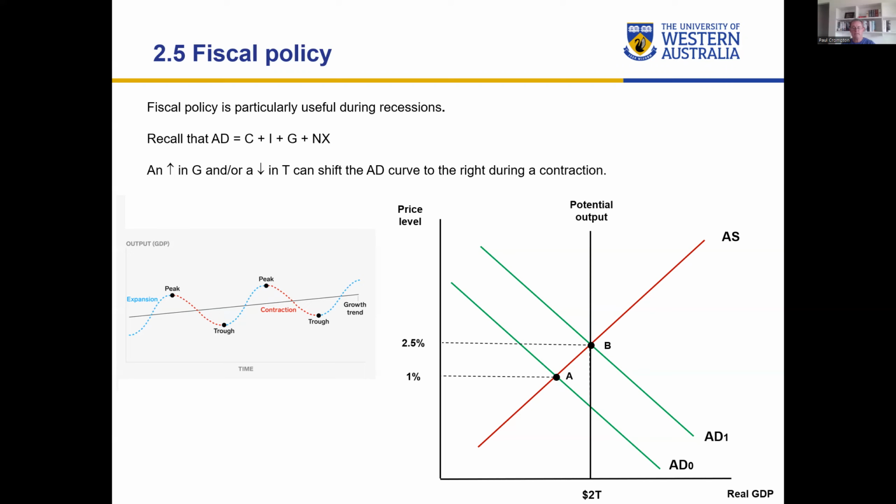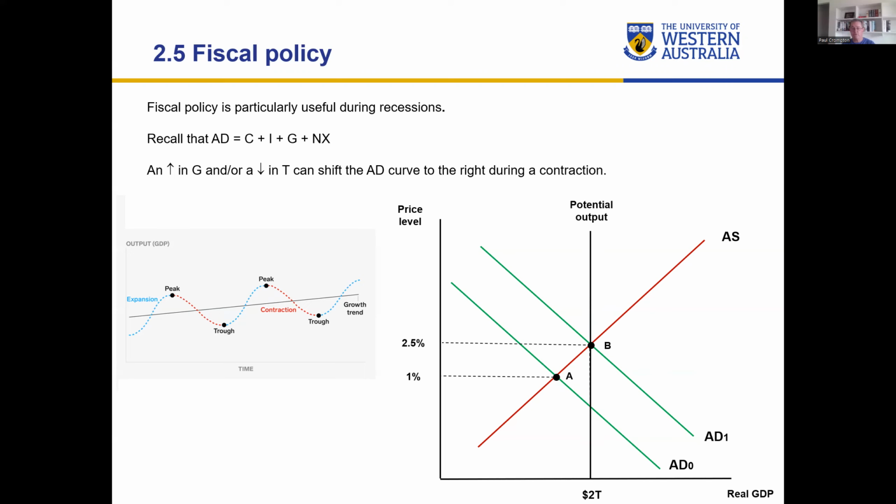So with the aggregate supply curve, the government doesn't have a policy to shift that, but it does have three policies to shift the aggregate demand curve left or right: monetary policy, fiscal policy, and QE. Now, more correctly, QE shifts the aggregate demand curve to the right, but not to the left.